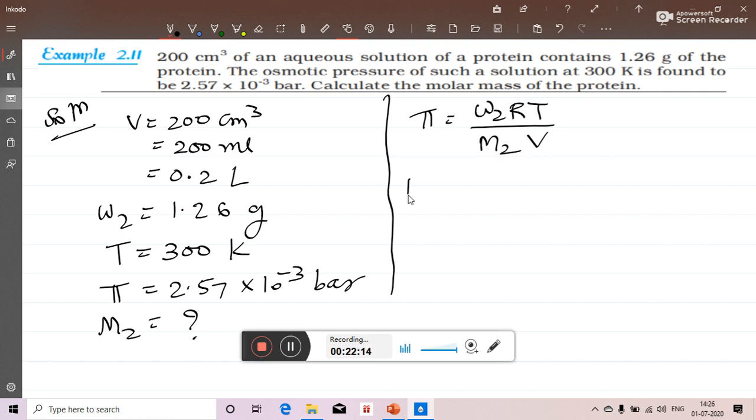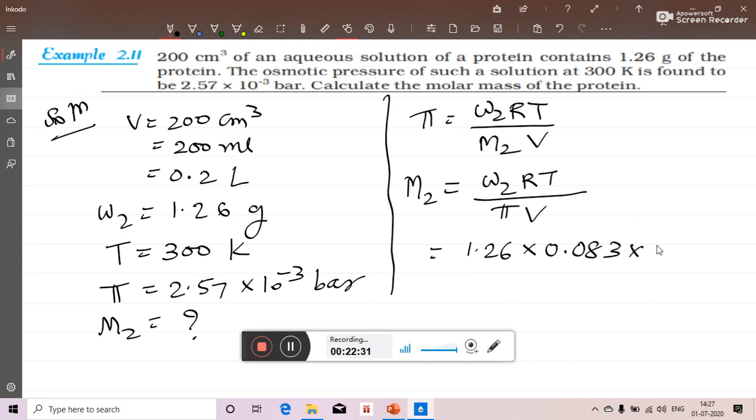So M2 equal to W2 RT upon pi into V. So W2 is 1.26, R is 0.083, into T is 300, upon pi is 2.57 into 10 raised to minus 3, and volume of solution in liters is 0.2.